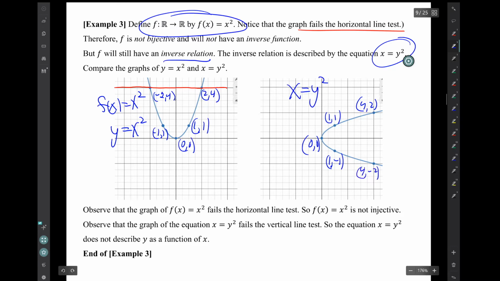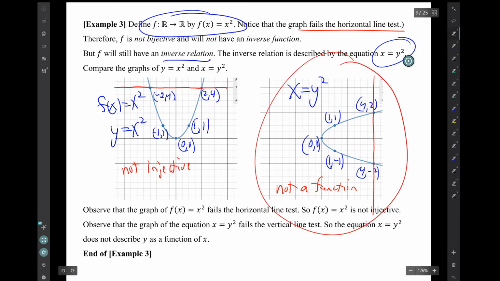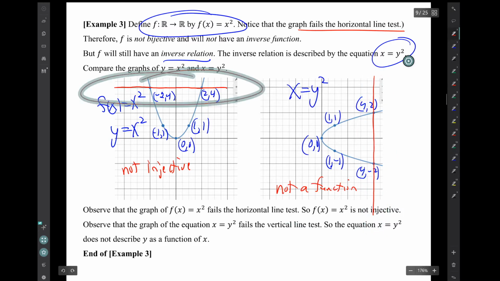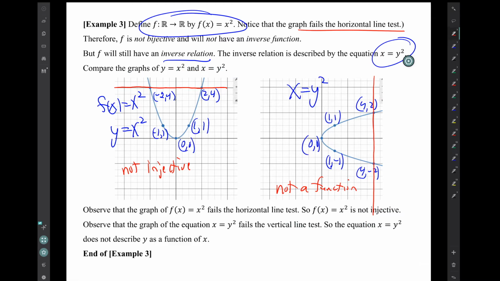Notice that this graph on the right fails the vertical line test. So this is not a function. And this graph on the left is not injective. So the reason that the inverse relation is not a function is because the original function was not injective. You can see that that offending vertical line that touches the graph more than once corresponds to that offending horizontal line that touched the graph over there more than once.